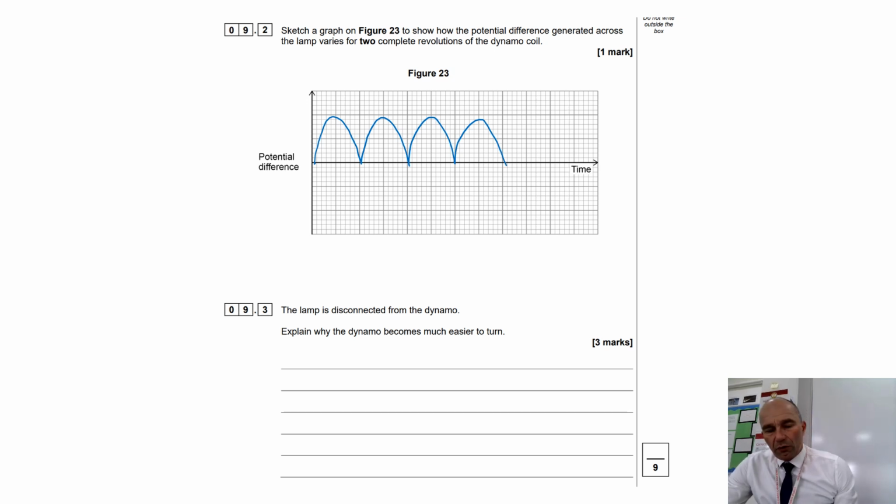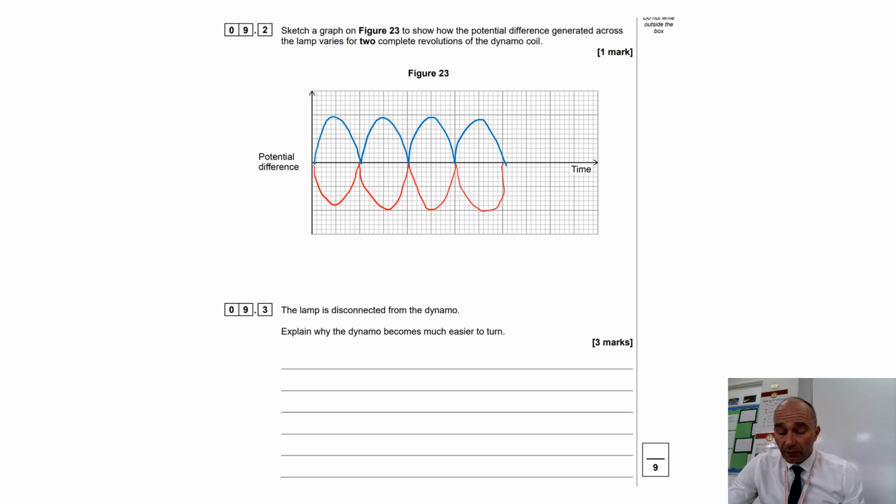Now, the other possible answer is, depending on how you wired up your dynamo, that could be the other acceptable answer. But you just got to make sure that you're either having completely positive potential differences or completely negative. Either way, you only get 1 mark, which is a bit miserable on that one.